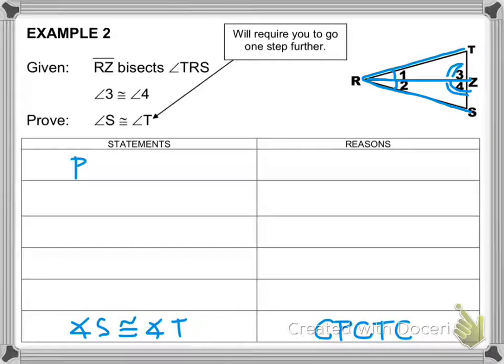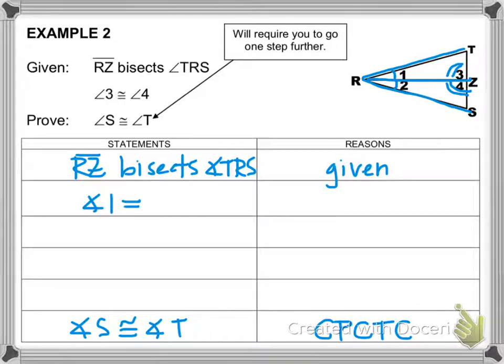So the first thing we're going to do is write our first given. RZ bisects angle TRS. Remember, your reason for writing a given is always given. Now that's not a congruent statement, so I'm going to go ahead and make a congruent statement from that statement, and we were able to say that if that angle was bisected, then that means that angle 1 is congruent to angle 2, and the reason we know that is because of this word bisect here.